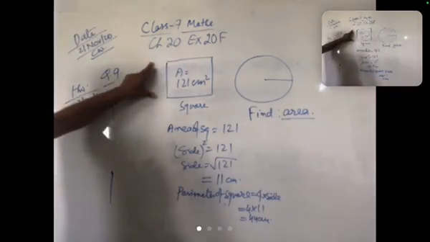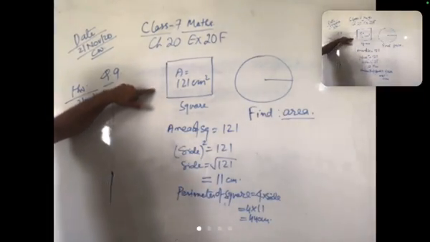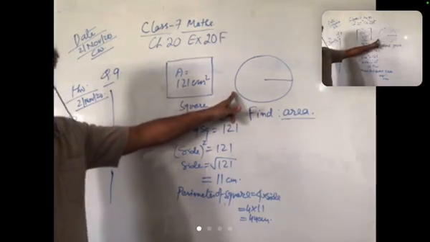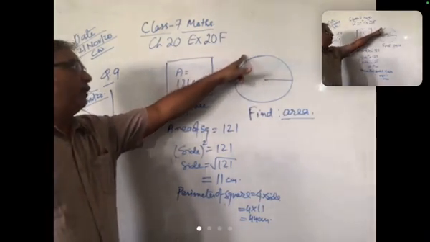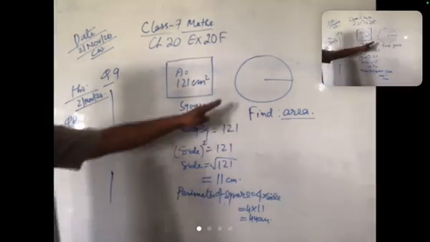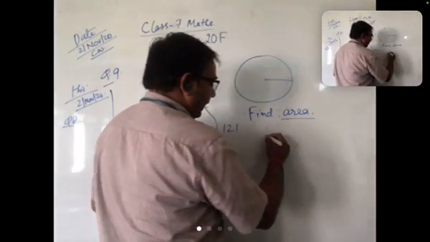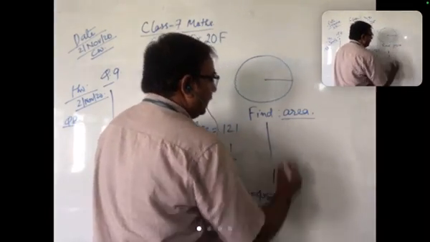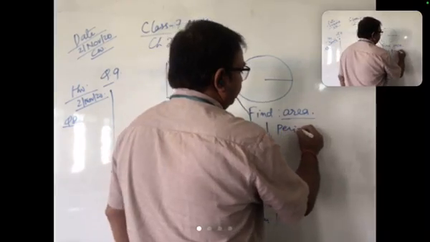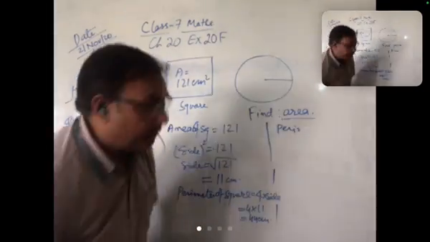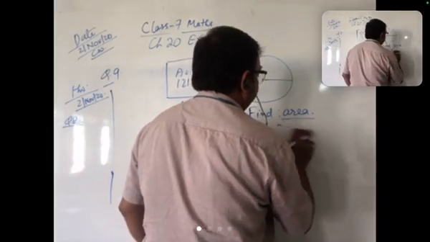Means 44 centimeter wire is used to make the square, and the same wire is used to make a circle also. Now this is the first portion. Now we have to write first circumference.